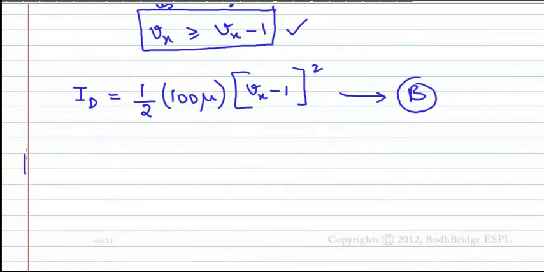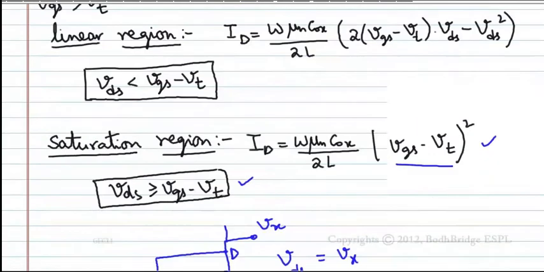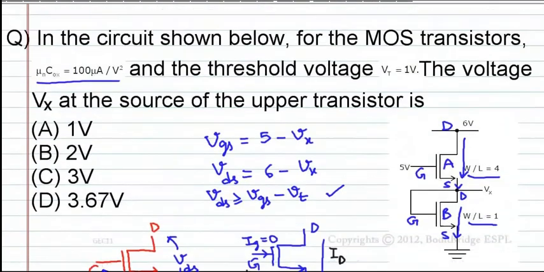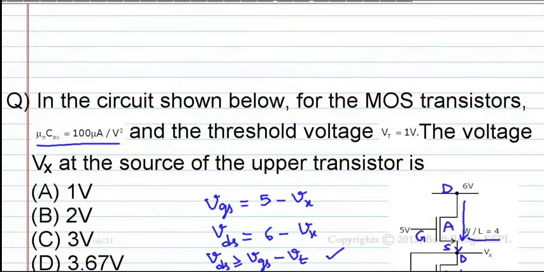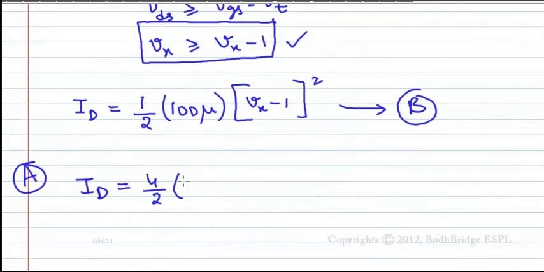For A, ID is W by 2L. W by L for this transistor is 4. Therefore, 4 by 2 into mu n into COX, which for both transistors is given as 100 mu ampere per volt square, into VGS minus Vt whole square.